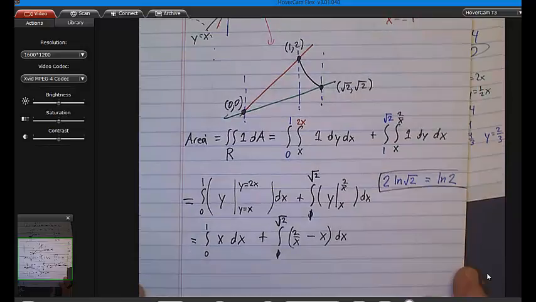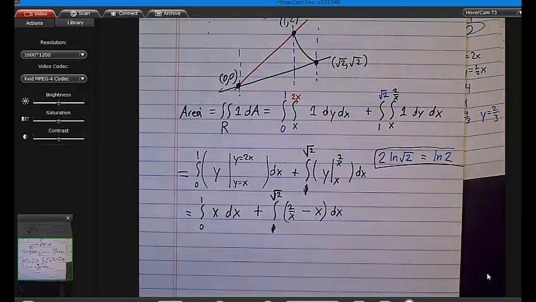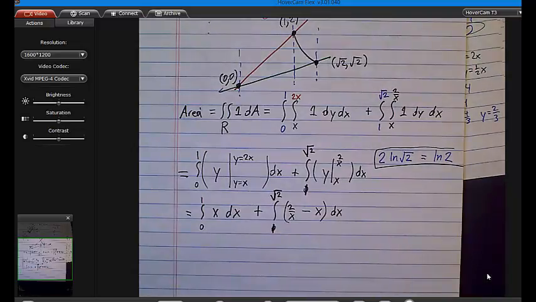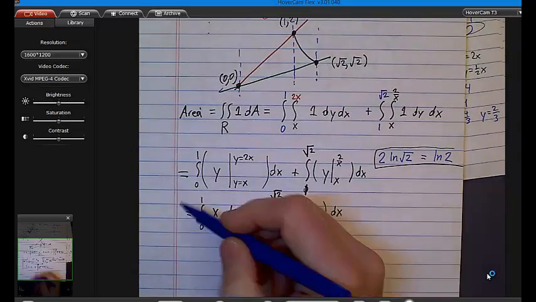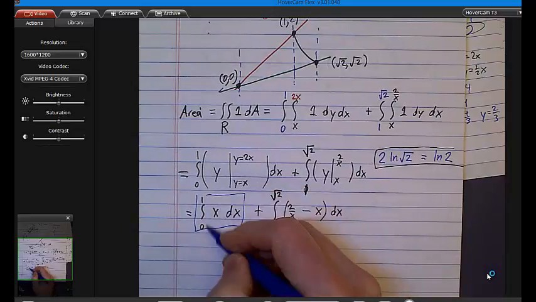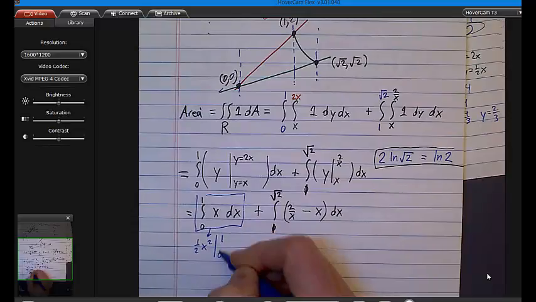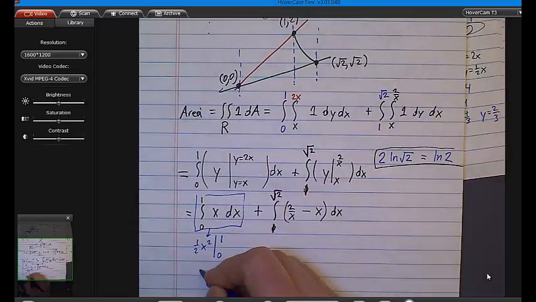So, let's see what happens. Maybe I'll just work them out a piece at a time. So this one here, I get 1/2 x squared, evaluated from 0 to 1. So that's 1/2.